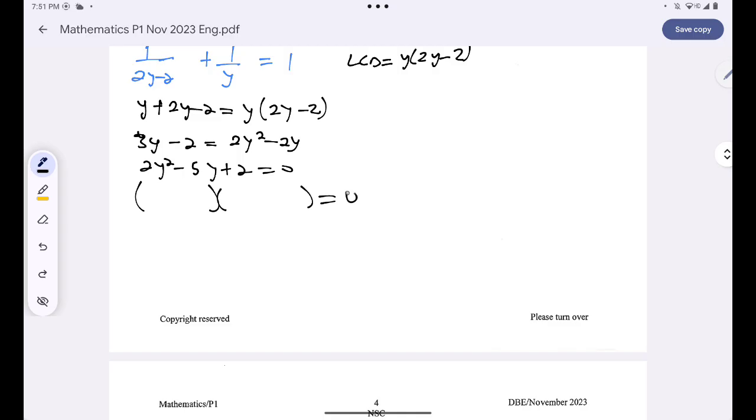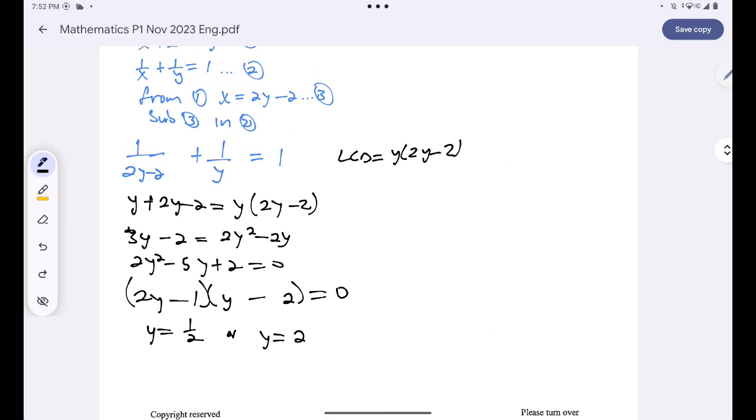All I need to do is to just factorize. I'll have 2y, y, and 2 here, minus and minus. y is equal to a half, or y is equal to 2. So I already know the values of y, and now all I need to do is to find the values of x.